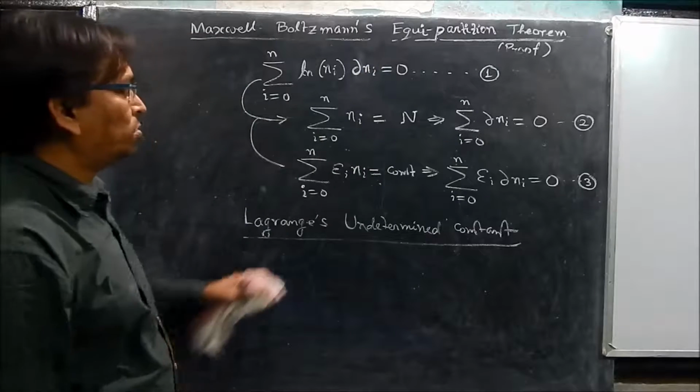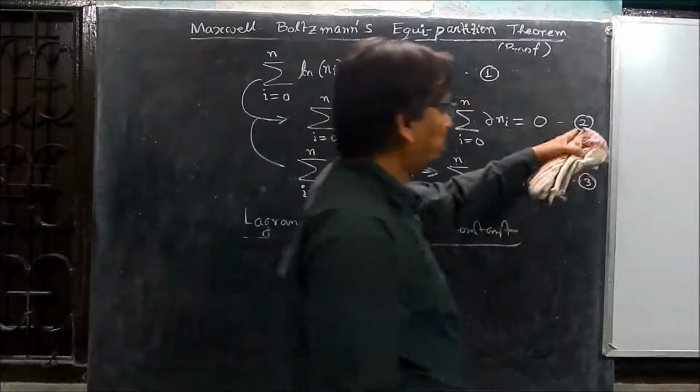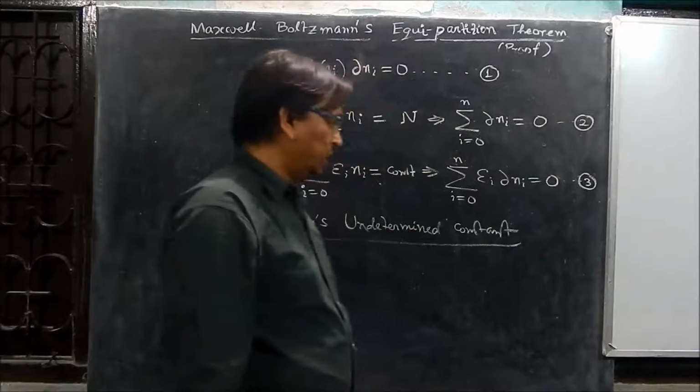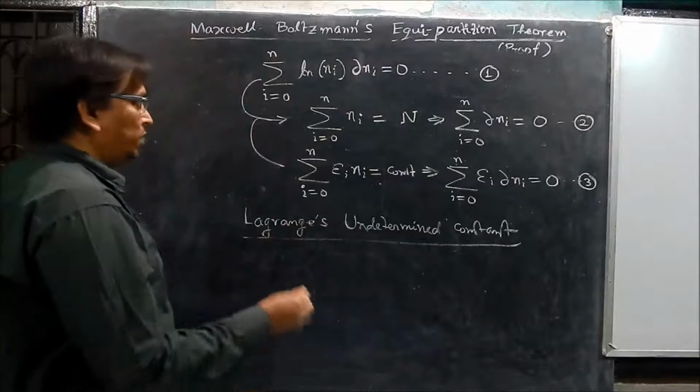Suppose this is equation number 1, this is equation number 2, this is equation number 3. What we do is very simple.